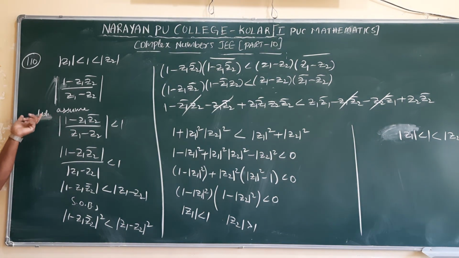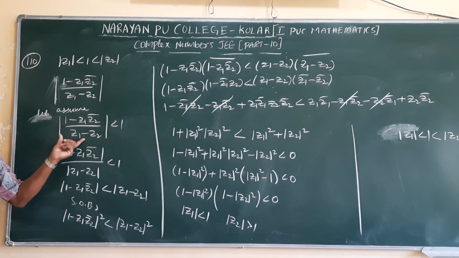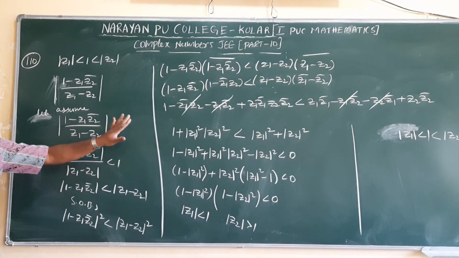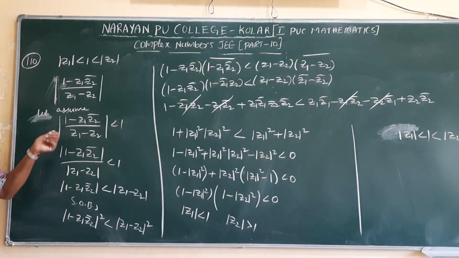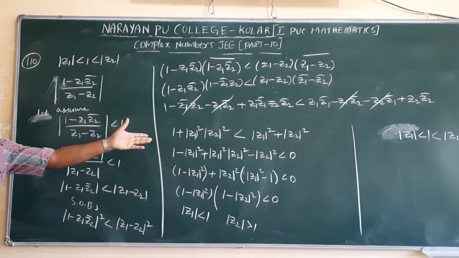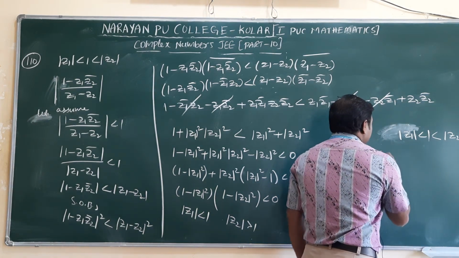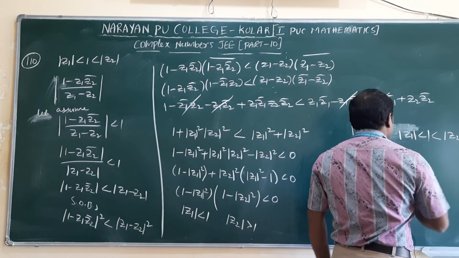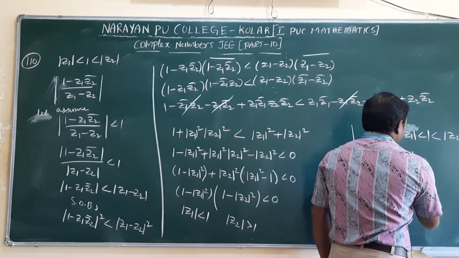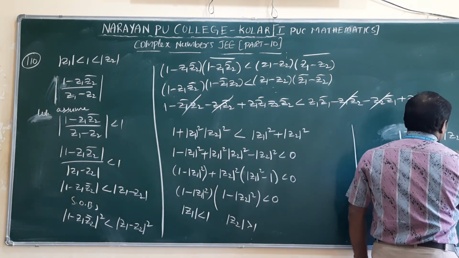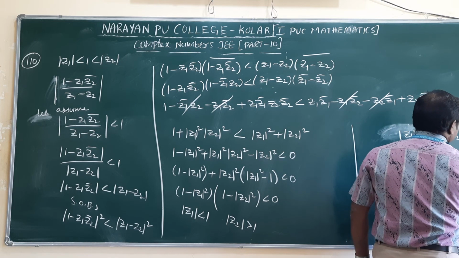So in the starting, let us assume modulus of (1 minus z1 into z2 bar) by (z1 minus z2) is less than 1. We have to assume this condition and satisfy it, so the value of that expression is less than 1.